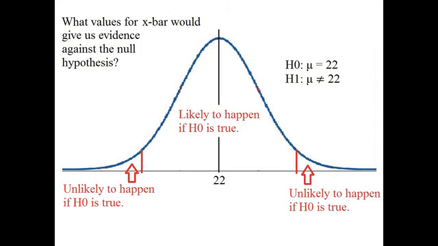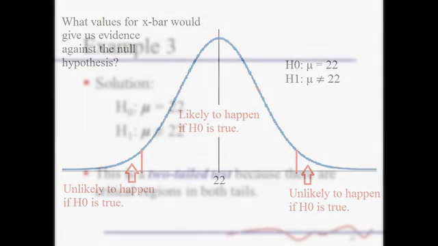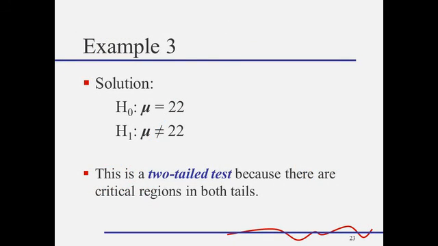This is an example of a two-tailed test because there are critical regions in both tails. You will see going forward in the class that anytime we have a not equal to sign in the alternative hypothesis, this leads us to a two-tailed test.